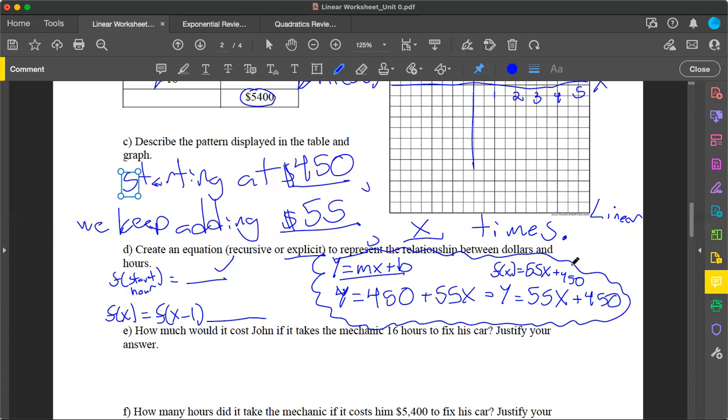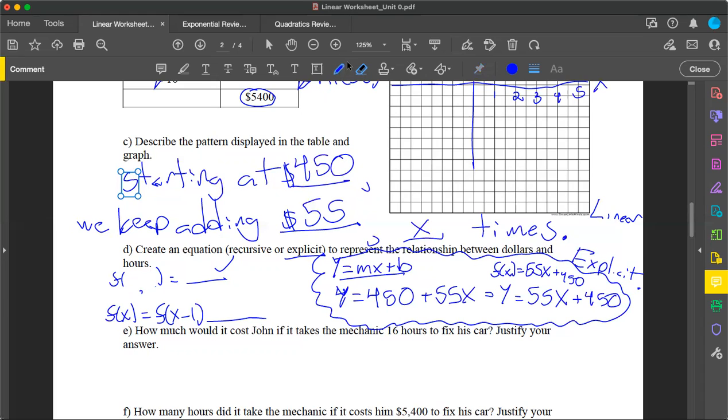So that's the explicit. It's done here. You've been doing this since Integrated One. If it rings a bell, great. If you're shaking some cobwebs, that's okay too. We'll keep practicing this. And honestly, the recursive is going to use the same idea, like the start hour. The crux of this is that we were starting at which hour?